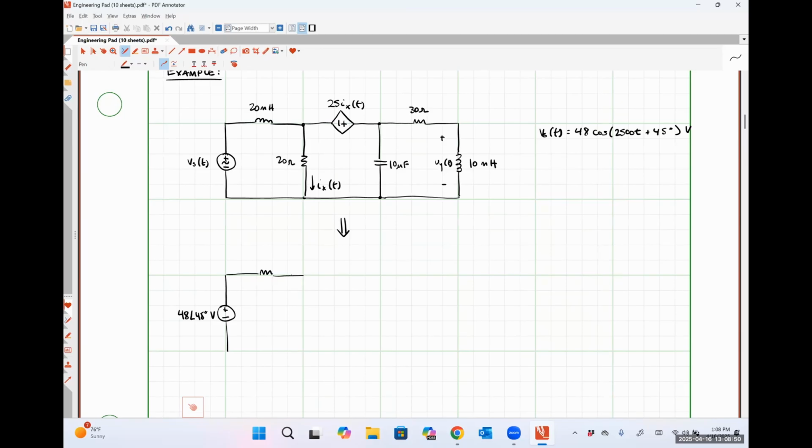So I got J50 when I did that. My 20 ohm resistor is still going to look like a 20 ohm resistor. So this is going to be 25 times my phasor current Ix now.